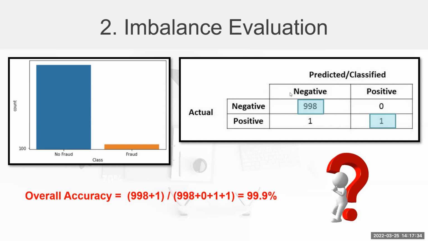If we just guess all of the data as negative, we get almost 99% accuracy, but it doesn't represent the actual model that we want to get.